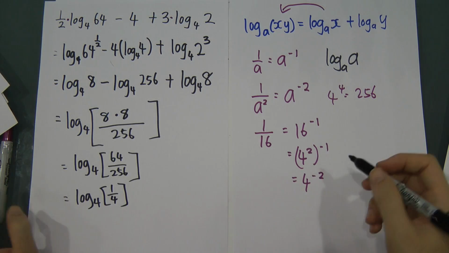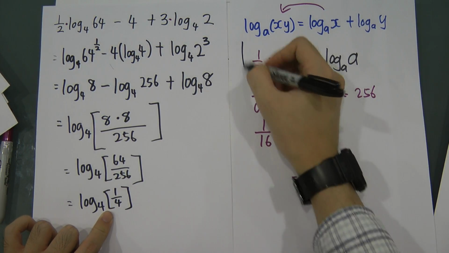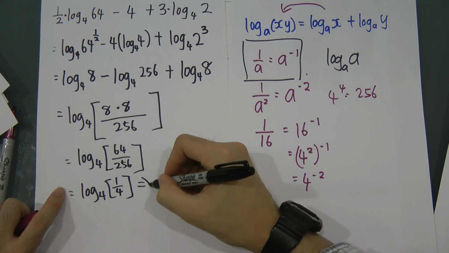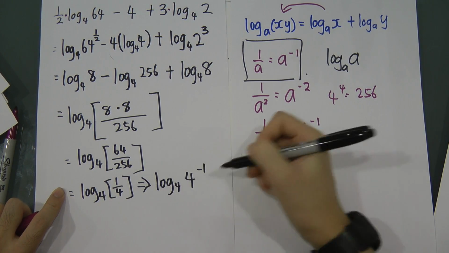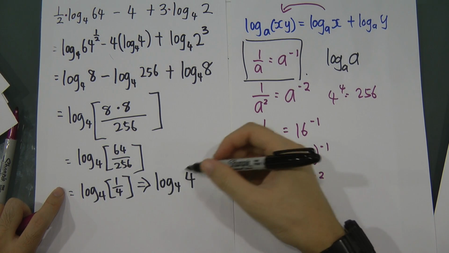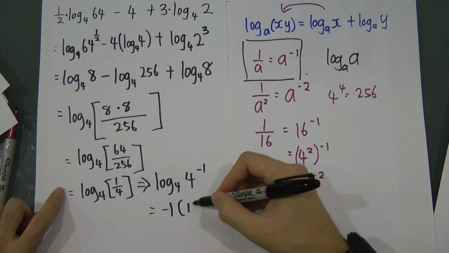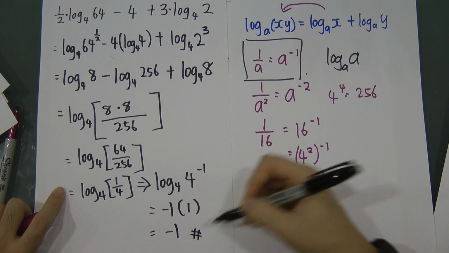Alright, I say 1 over 4, we can write as 4 to the negative 1 because of this indices law. Correct or not? So I can write log 4 of 4 to the power of negative 1 because of this indices law. Then I can move the negative 1 to the front, multiplied by log 4 of 4 which is 1. Negative 1 multiplied by 1, we get the answer negative 1.